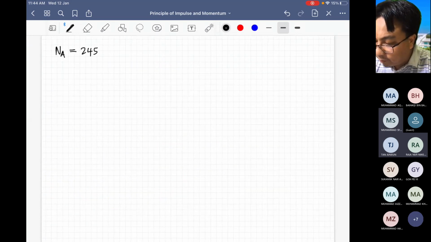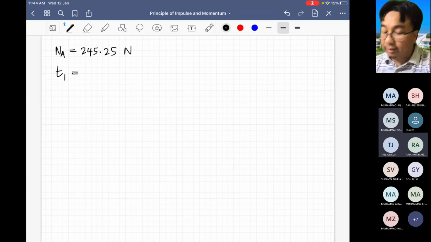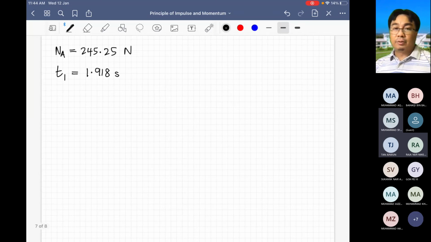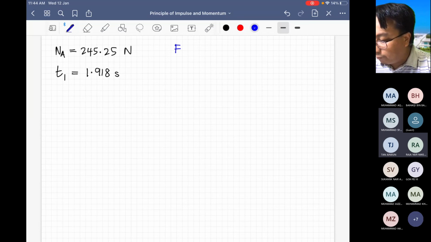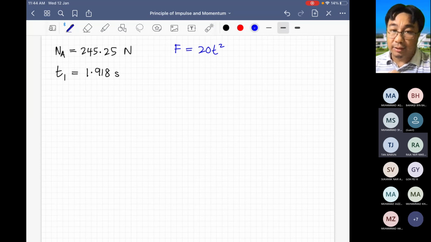245.25 Newtons, and we know the time T1 at which he starts moving is 1.918 seconds. I tried not to show integration so that your calculation is easier, but I do not think it will work. In the case where we have a variable force, here F equals 20t squared, we still have to use integration.